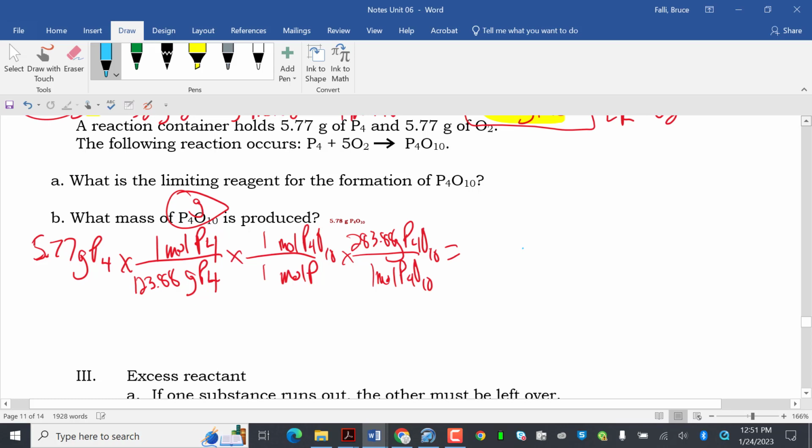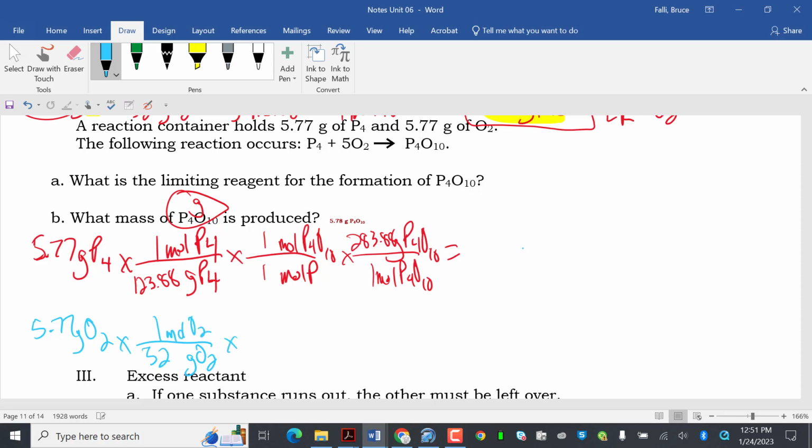So here we go. The other one was 5.77 grams of O2, times a dividing bar, grams of O2, 1 mole of O2. There's 32 grams in a mole. I got moles of O2, and I got moles of P4O10.